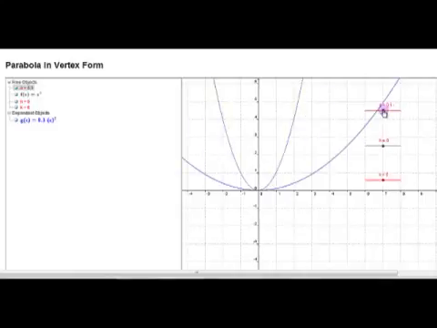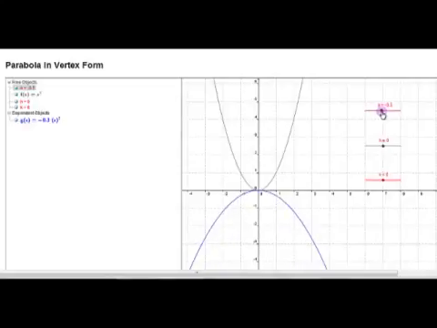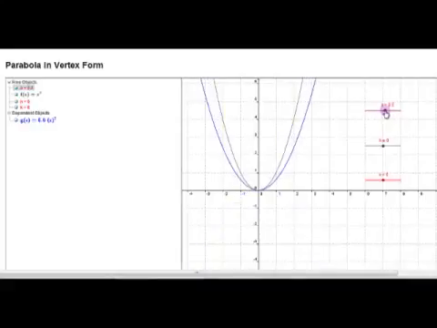And if we make it negative, then it turns it upside down. If a is a fractional type number whose absolute value is less than 1, not 0, then we have a parabola that is wider than our standard parabola.